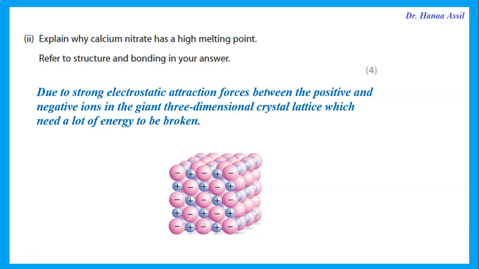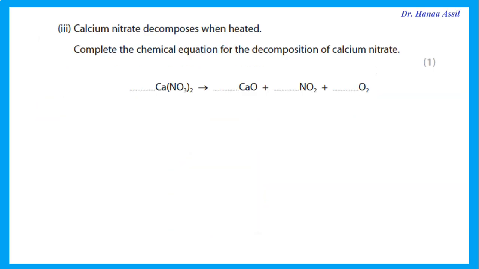So this is why calcium nitrate or any ionic compound has a high melting point: due to strong electrostatic attraction forces between positive and negative ions, or oppositely charged ions, in the giant three-dimensional crystal lattice. Remember, in ionic compounds the structure is a crystal lattice which needs a lot of energy to be broken.